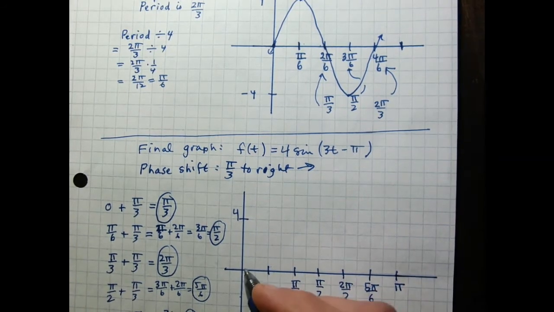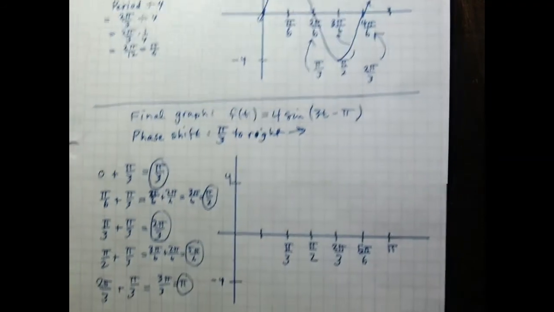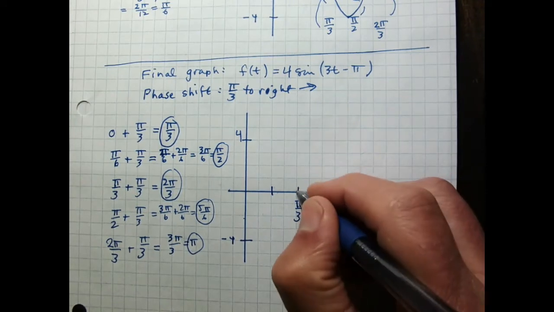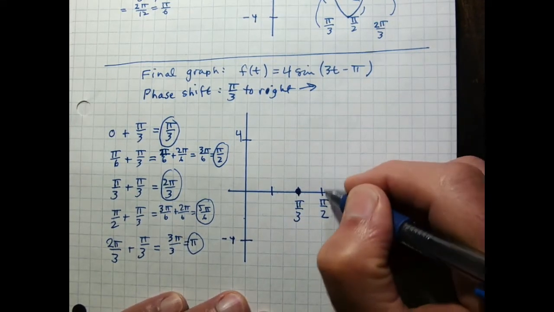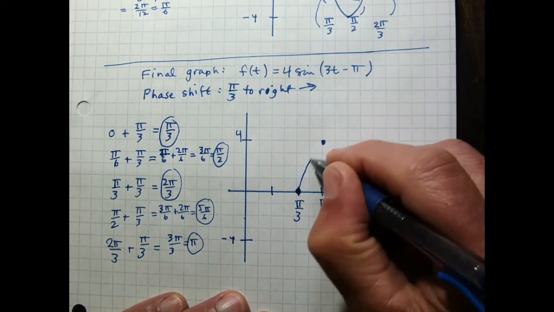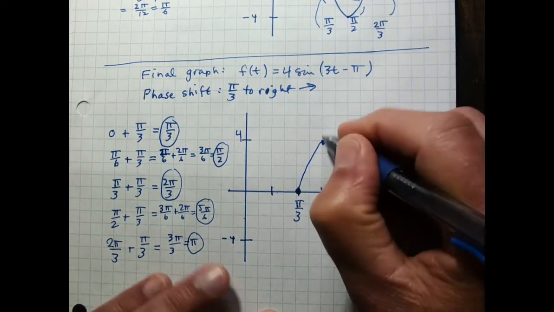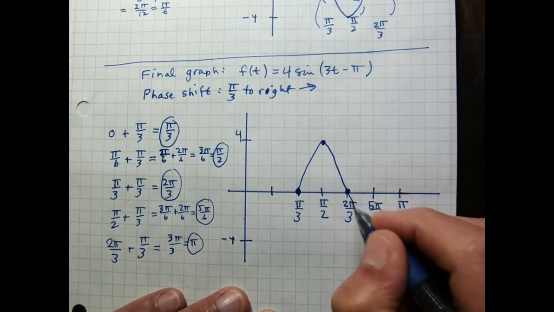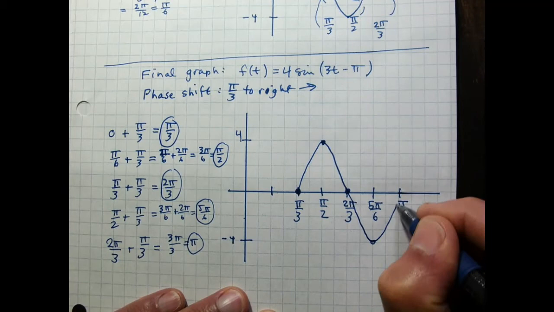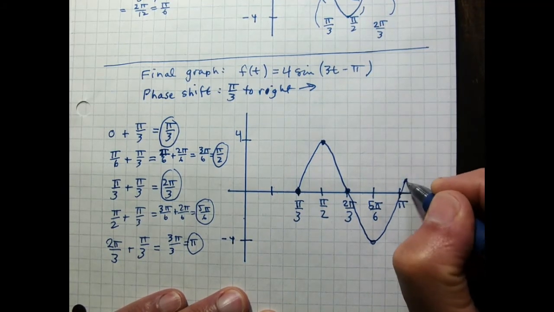And now I don't want to start at the origin. I need to start here at pi over 3, showing my phase shift. At pi over 2, we go up to 4. At 2 pi over 3, we come down. At 5 pi over 6, we're down at -4. At pi, we're back to 0.